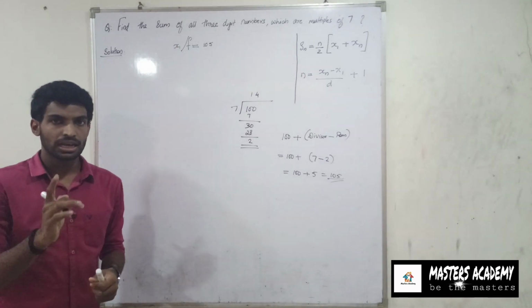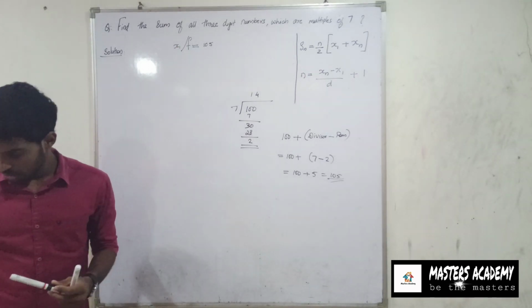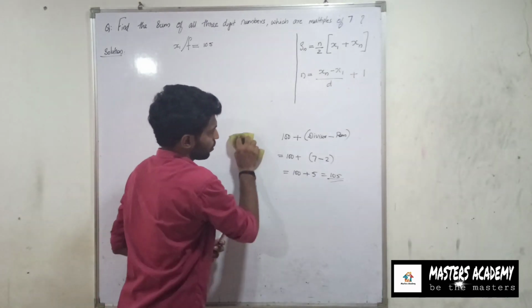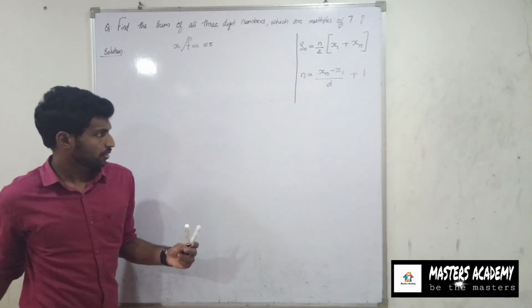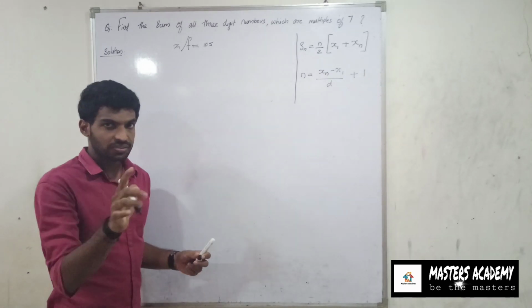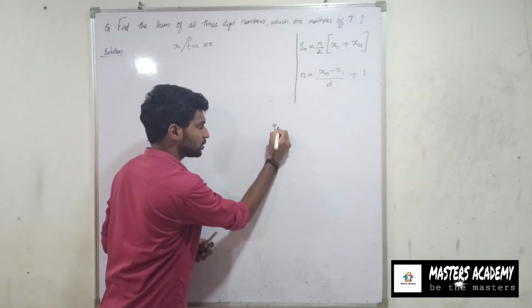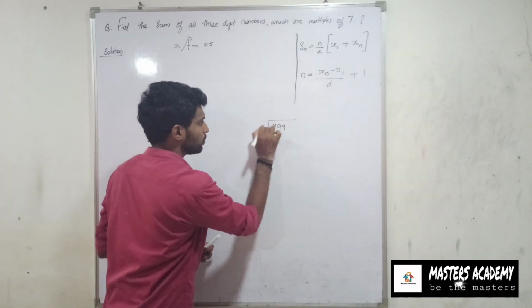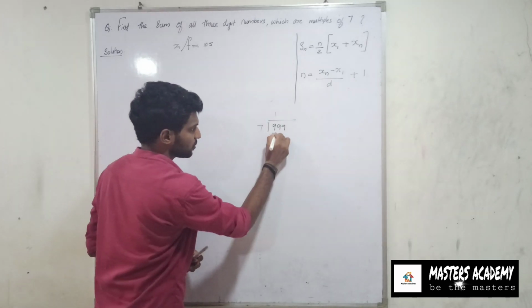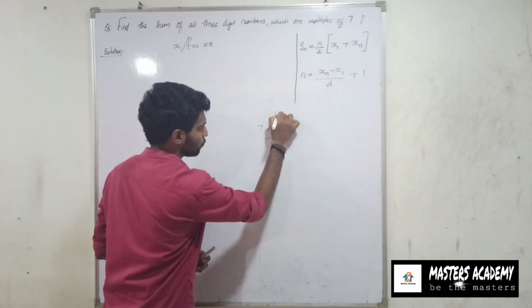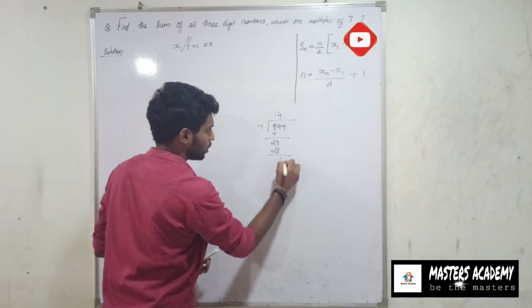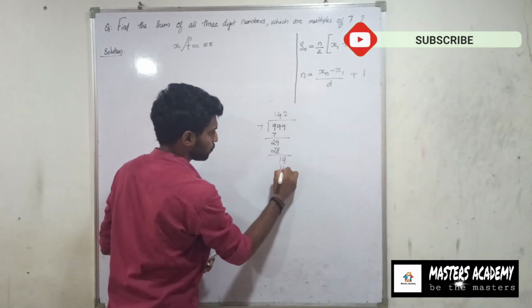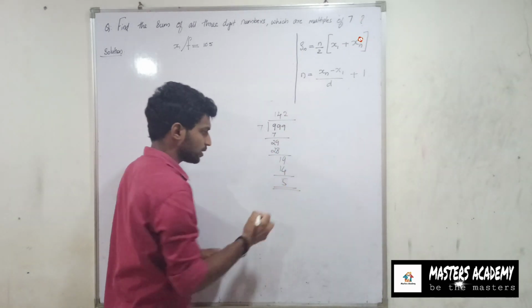Similarly, we have to find out the last term xn. In order to find the last term, we take the last 3-digit number and divide by 7. 1 times 7, 2, 29, 4 times 28, 1, 19, 2 times 14, 5. We got remainder as 5.